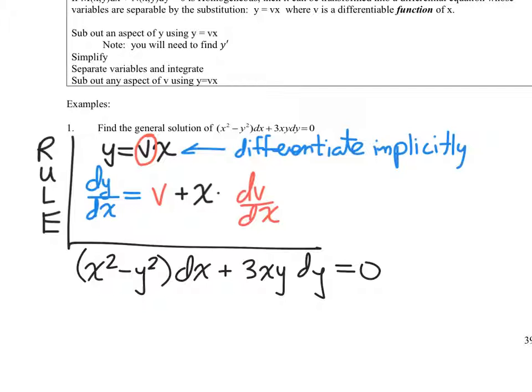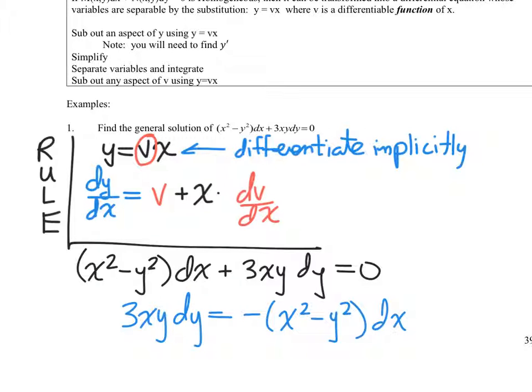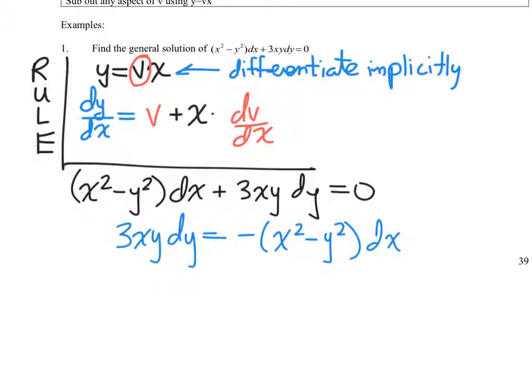Right? If I clean up my differential equation, the original one, to begin with, it's going to make life a lot easier. So if I do that, I'm looking at 3xy dy equals negative x squared minus y squared dx. So I'm just subtracting, and then I'm going to divide. So I'm dividing both sides by 3xy.